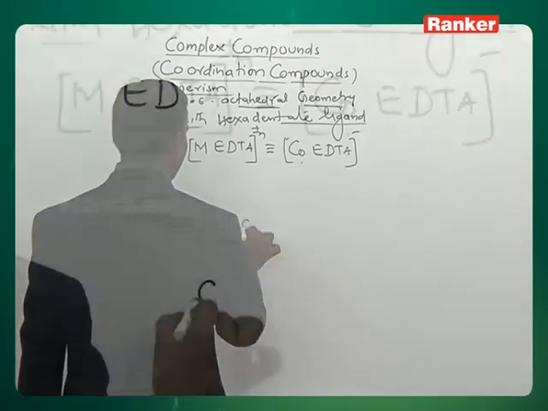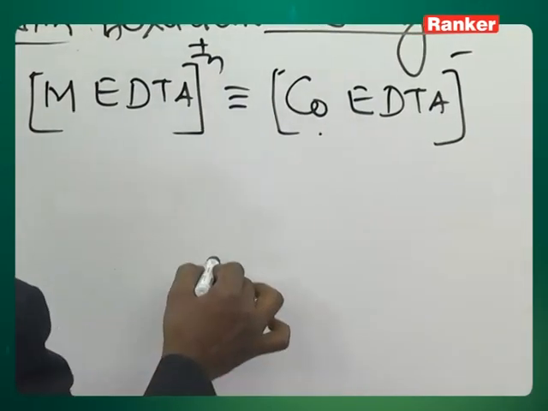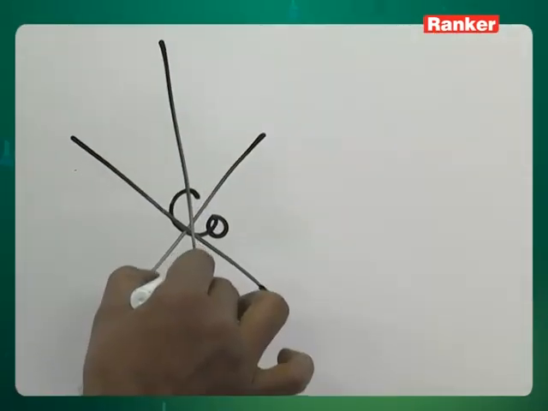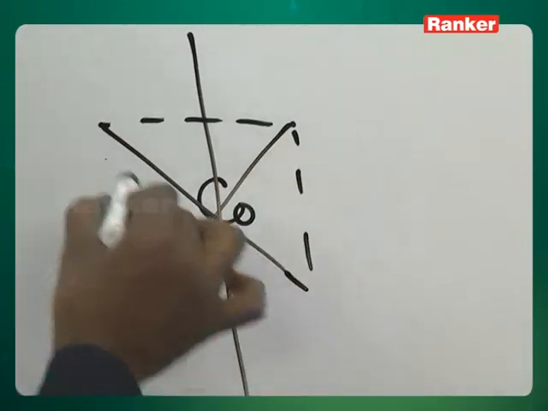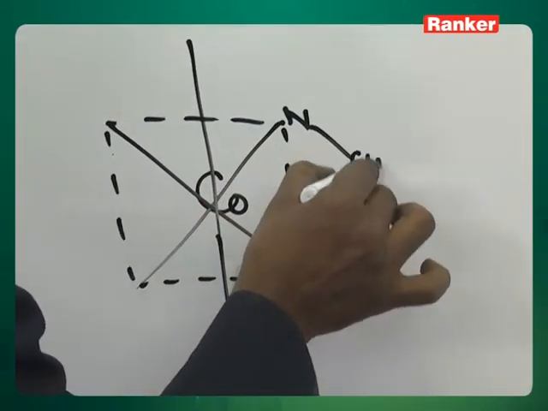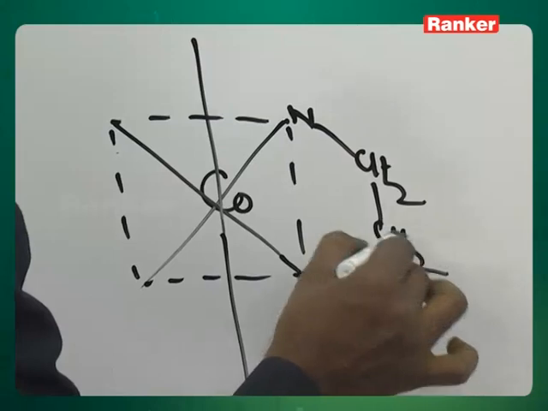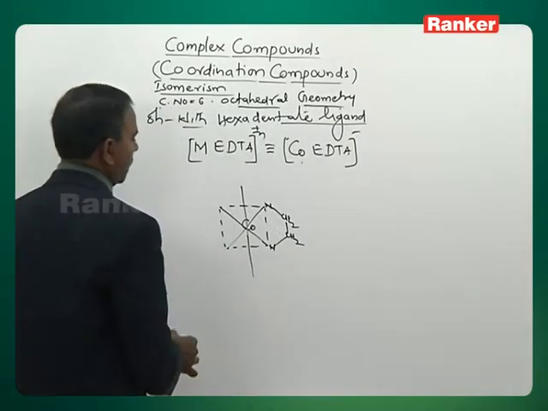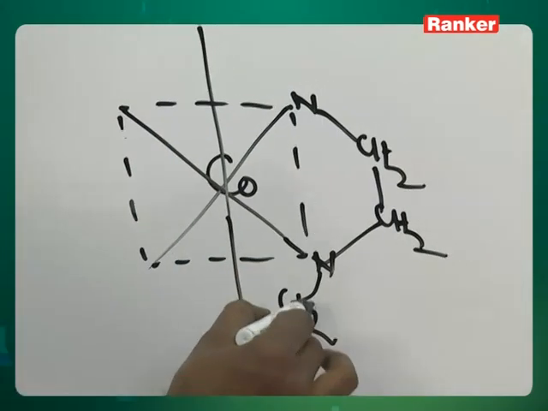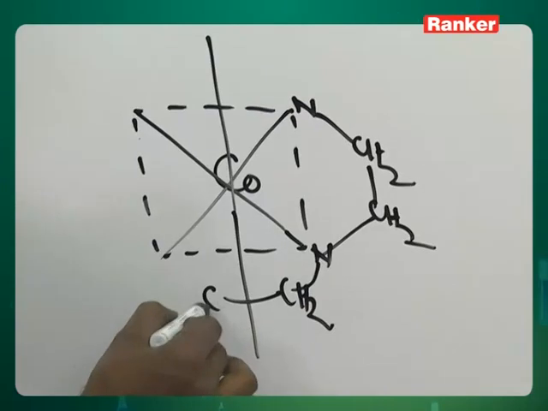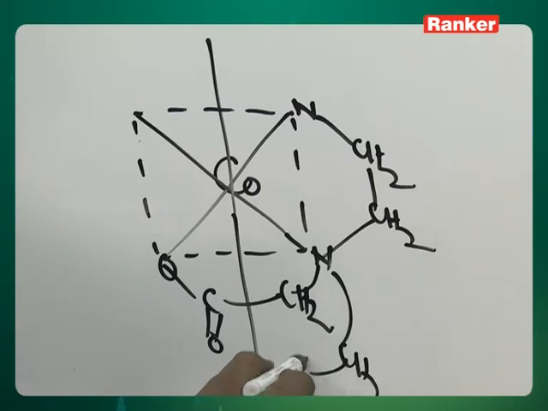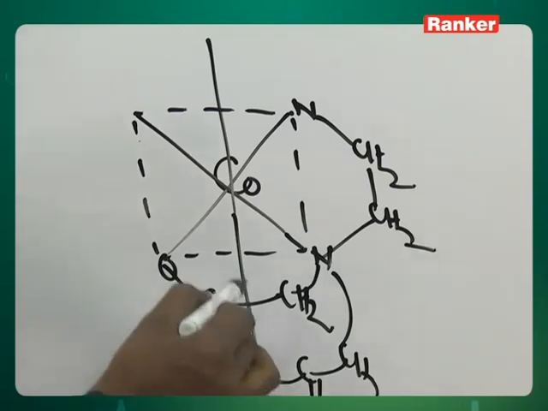It is a little difficult to draw, but you have to practice this particular one. EDTA, ethylenediaminetetraacetate, 4 acetate groups, C double bond O. Next one, CH2, C double bond O.